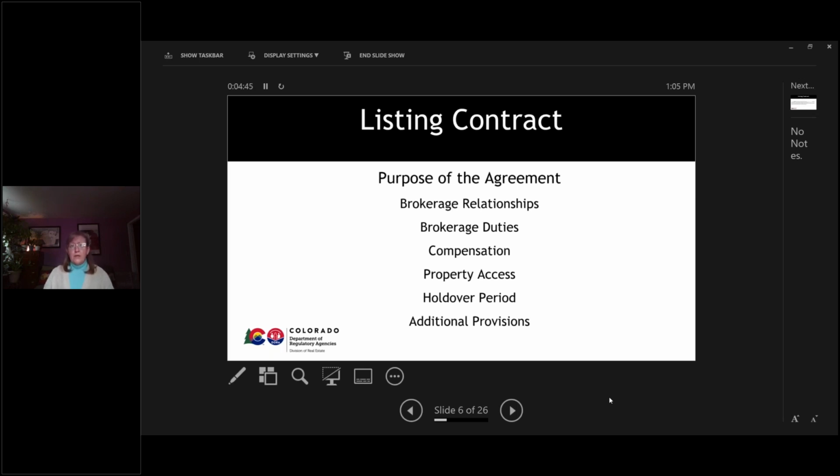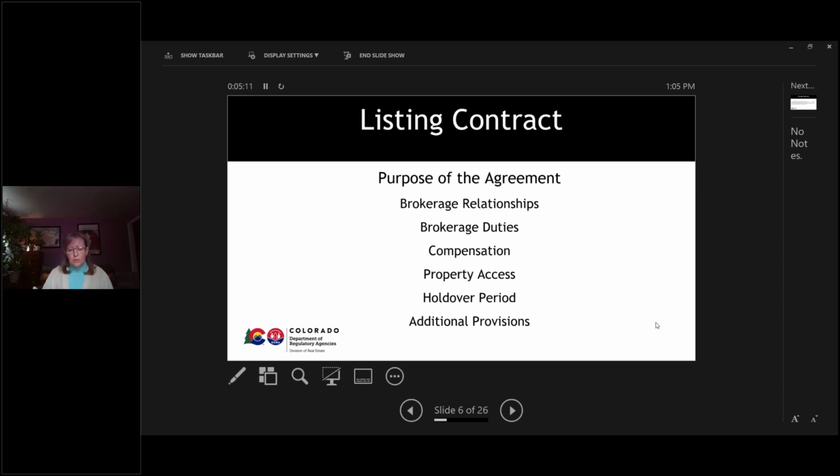Advertising the property of another person for sale or lease or exchange also requires a real estate broker's license. But for the most part, typically when we think of license duties, we're thinking of the brokers bringing 2 parties together and negotiating. So the listing contract is going to address a variety of things, and I will get to some of these topics that are on your screen right now.